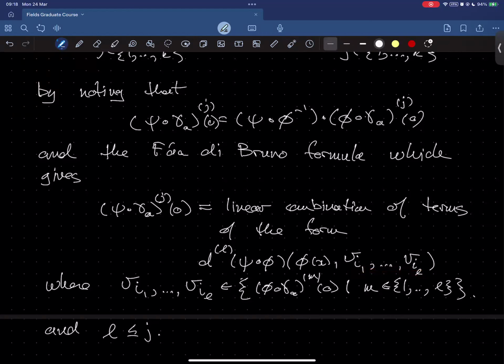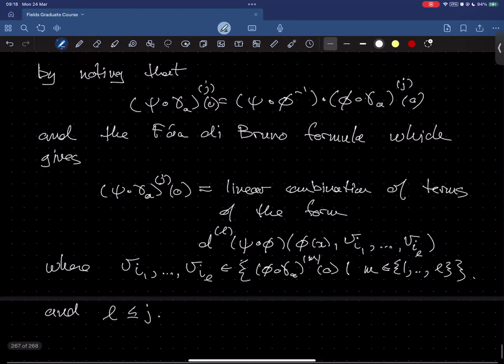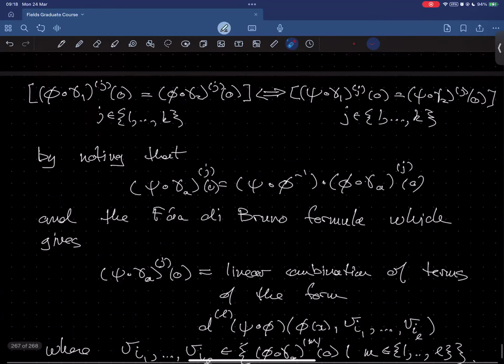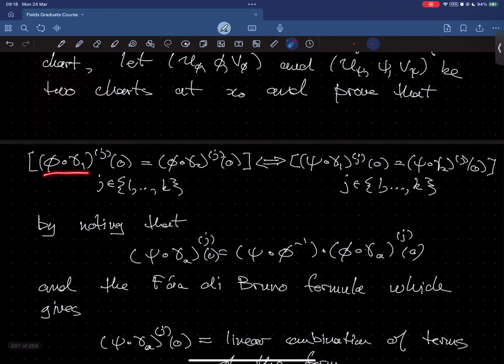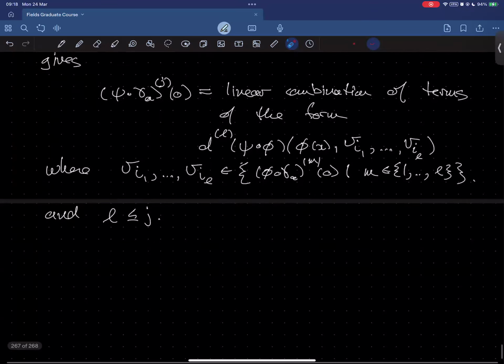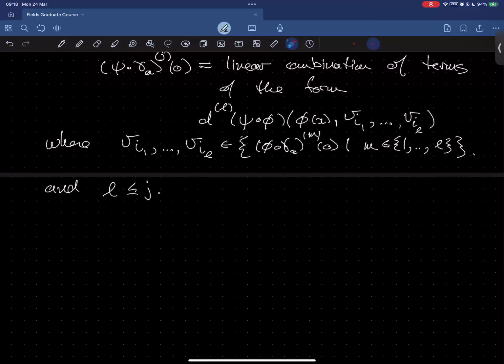But I don't want to go back and dwell on the details. The point is that what you prove inductively is, again, that this is true if and only if this is true. The k equals 1 case follows from the tangent bundle case, and then you inductively prove that it's true for any j up to k.